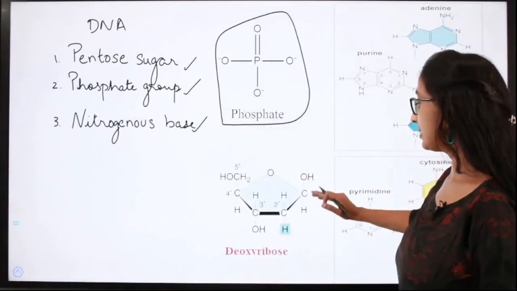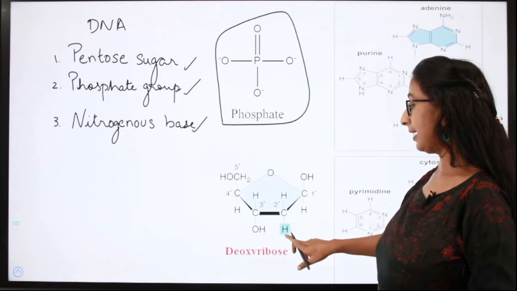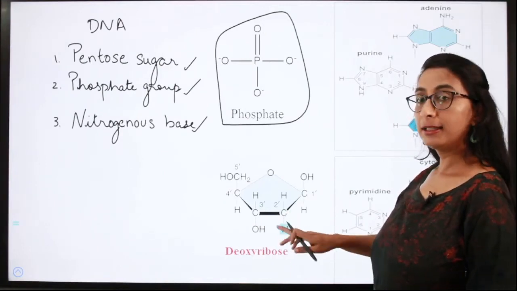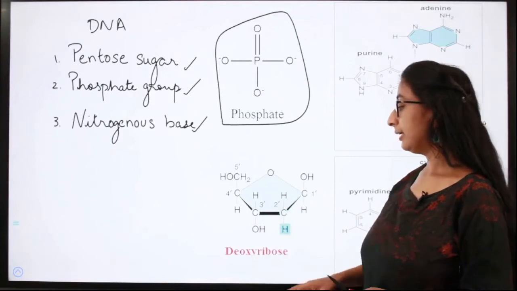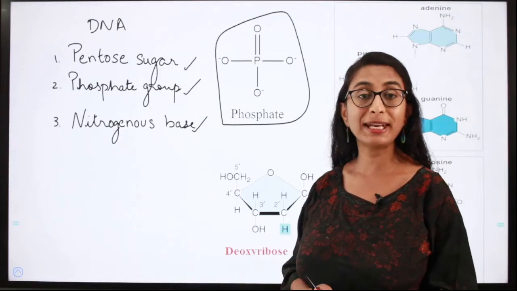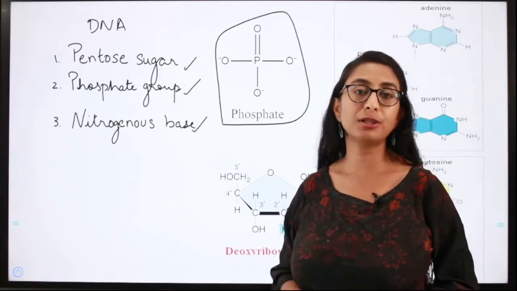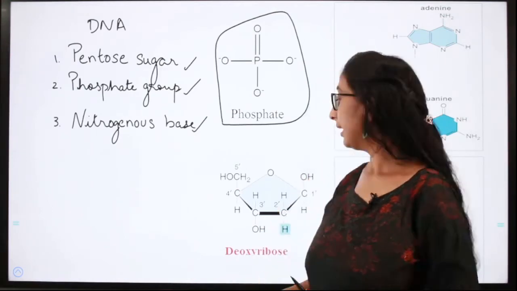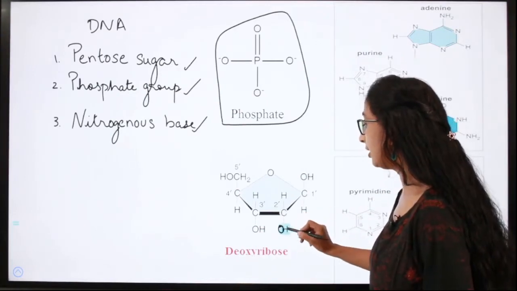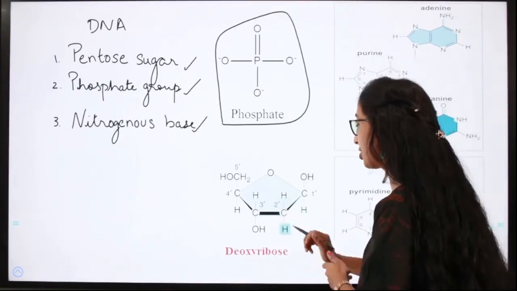So here you can see that in the second carbon atom we have H, that is a single hydrogen. That is why it is called deoxyribose, whereas in a ribose sugar which is present in RNA, at the second carbon atom, instead of this we will have a hydroxyl group, that is OH.